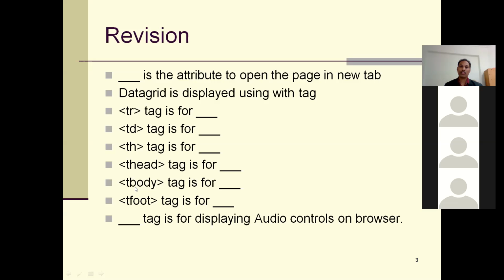Similarly, tbody is also like that. It holds the table body rows. So whatever rows we want to display in the body content of the table, you must write in the tbody tag. And next comes the tfoot. If you want to write any sum or total of the marks, then you have to make use of the tfoot tag. And the last one you all know.